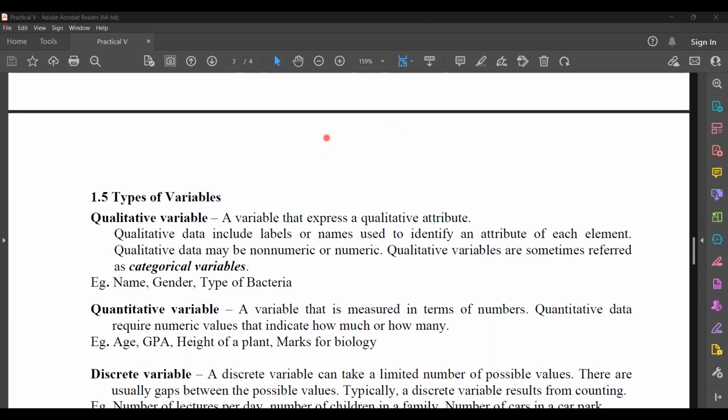Yes, there is a numerical sense for those quantitative variables, which are also called numerical variables. So I think you can easily understand the difference between qualitative variables and quantitative variables, right?